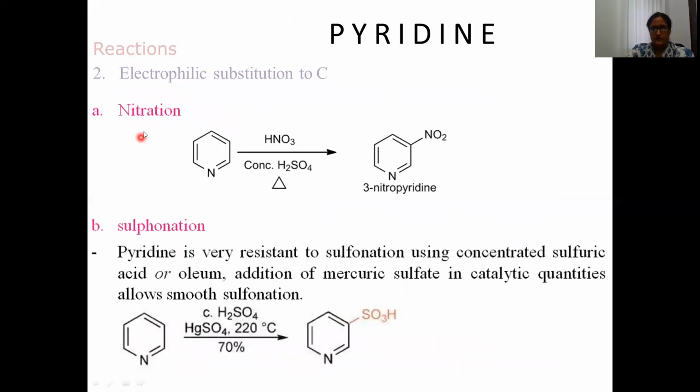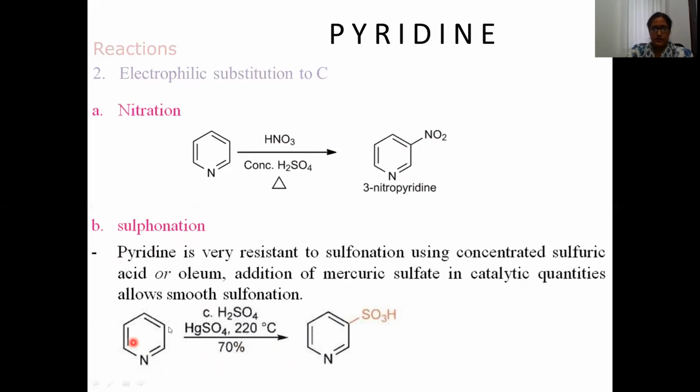So examples of electrophilic substitutions are nitration and sulfonation. Nitration, in the presence of sulfuric acid and nitric acid, substitutes the third position with a nitro group. And for sulfonation, generally pyridine is very resistant to the sulfonation process, but under one specific condition the sulfonation will happen very smoothly.